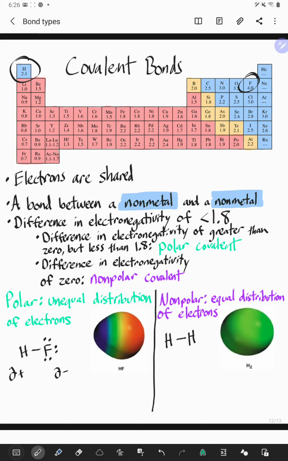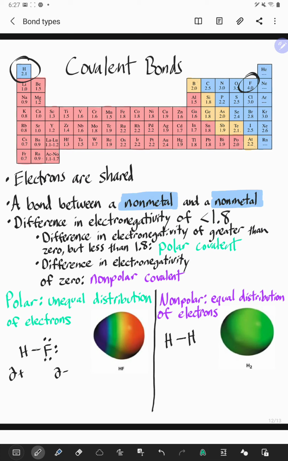So again, polar means that there's an unequal distribution of something. In the context of chemistry, it's going to be talking about electrons. And so an unequal distribution of electrons. And so that means that within this chemical bond, these electrons are not spread out evenly. In this case, fluorine has a higher electronegativity value.